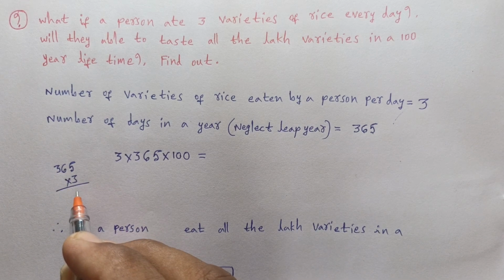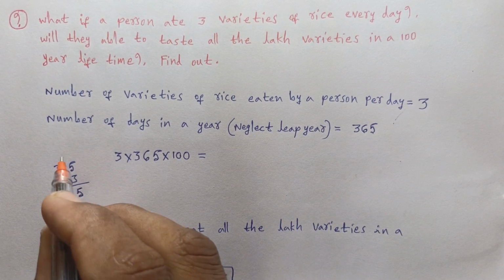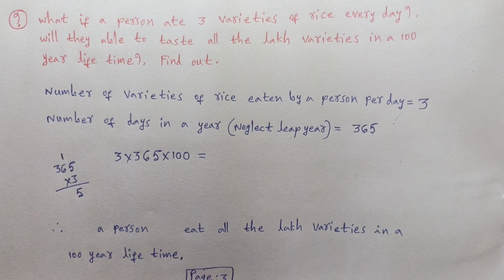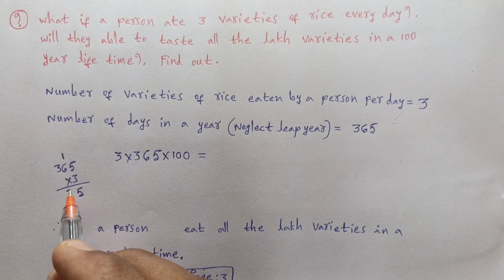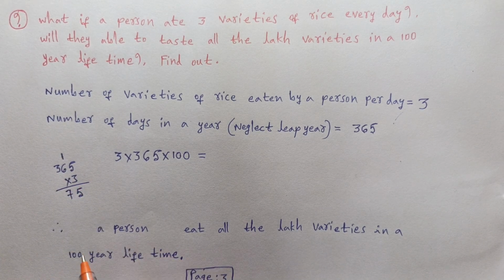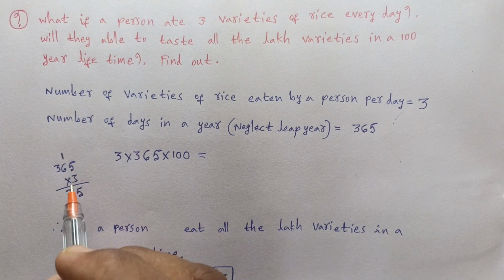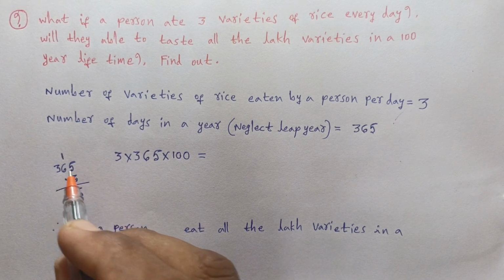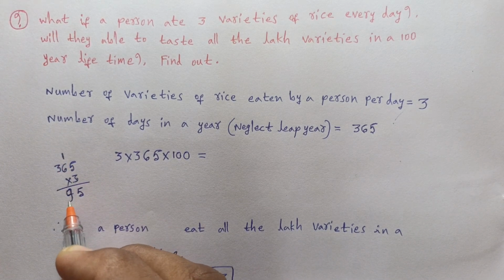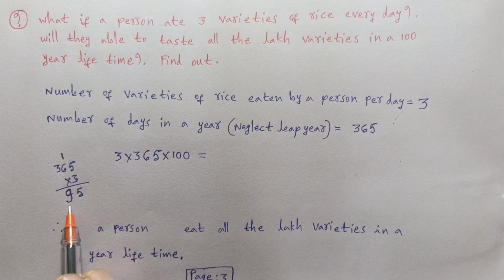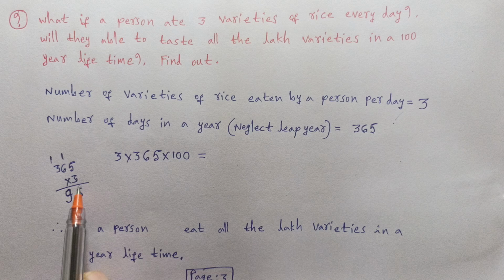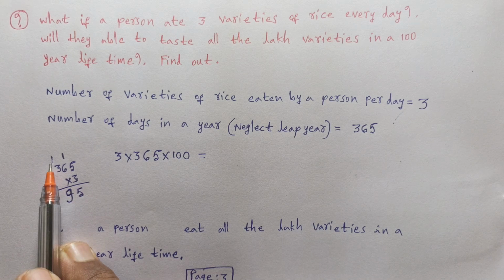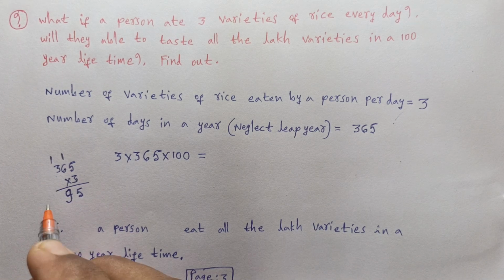So 3 into 365. 3 fives are 15. 5 is in the ones place, and 1 is a carry to the tens place. So 3 sixes are 18 plus 1, that is 19. So in the tens place we write 9, and the 1 carries to the hundreds place. 3 threes are 9 plus the previous carry 1, that is 10.